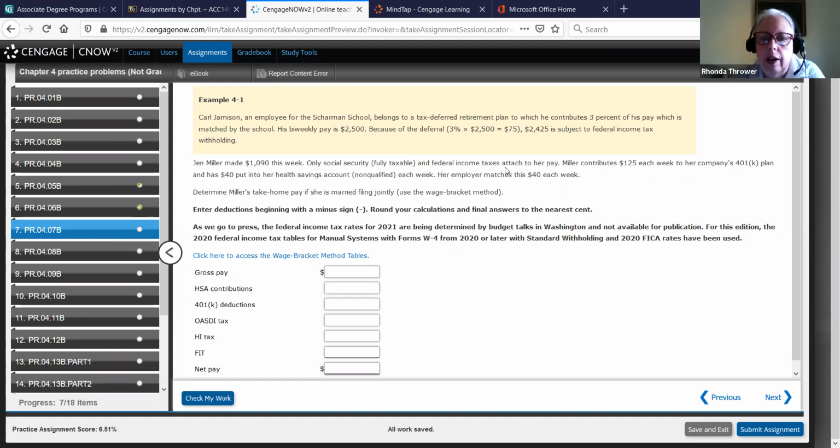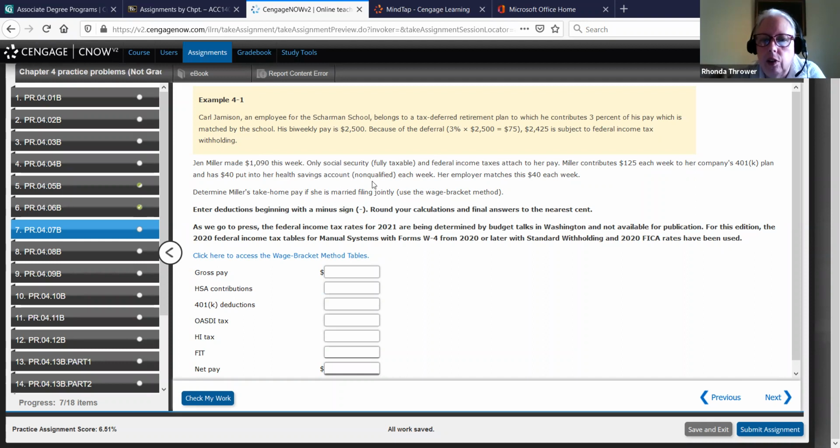Federal income taxes attached to her pay. Miller contributes $125 each week to her company's 401k plan and has $40 put into her health savings account, which is non-qualified, set up for non-qualified expenses each week.